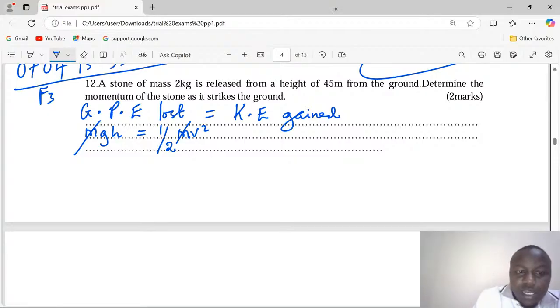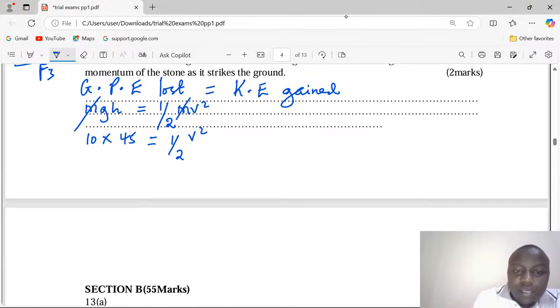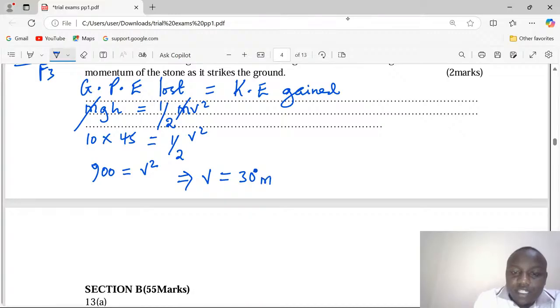So we say 10 times 45 equals half times velocity squared. You multiply through by 2 and you get 900 equals v squared. So v becomes the square root, which is 30 meters per second.